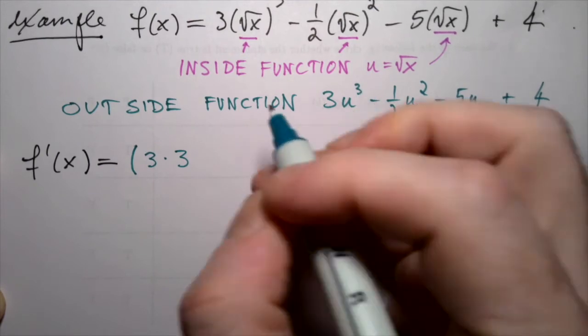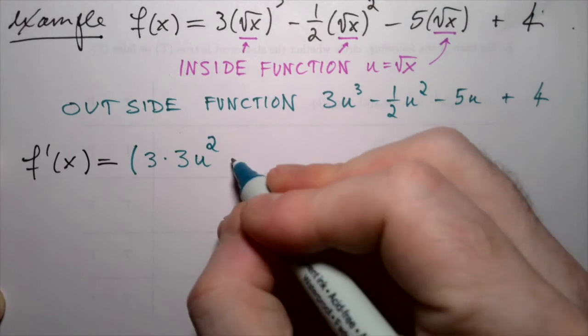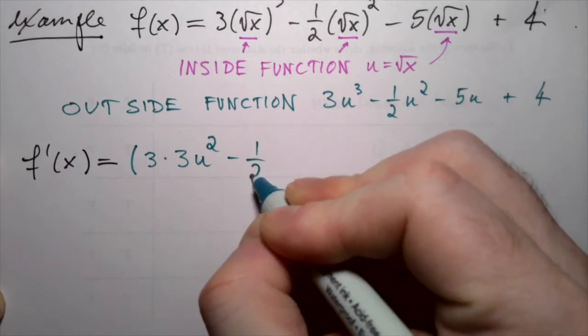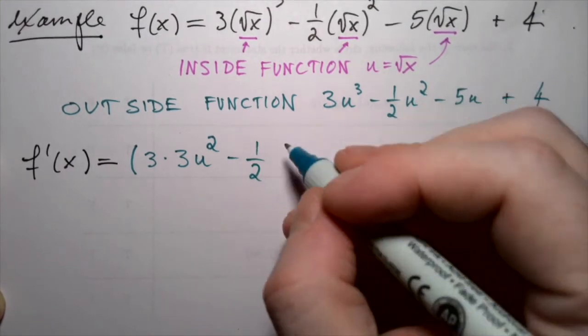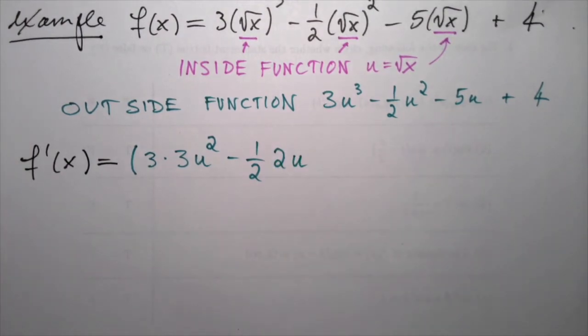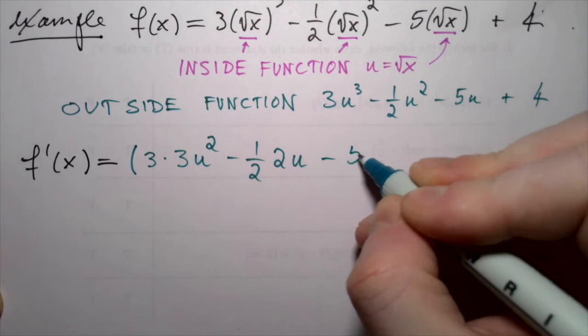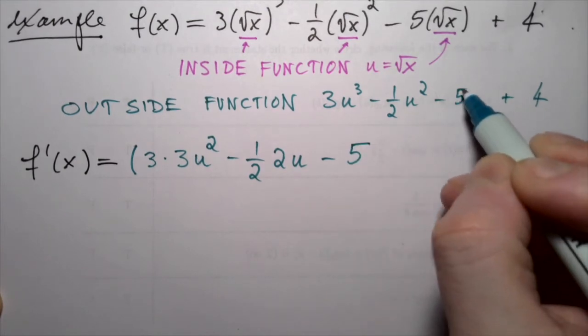So I bring that 3 down, and then I lower the exponent by 1. That's the power rule. I have minus 1/2. The constant comes along for the ride. I take the 2 down, and then I lower the exponent by 1. So that would just be u to the 1, that's just u. And then I have a minus 5, and the derivative of u is just 1.